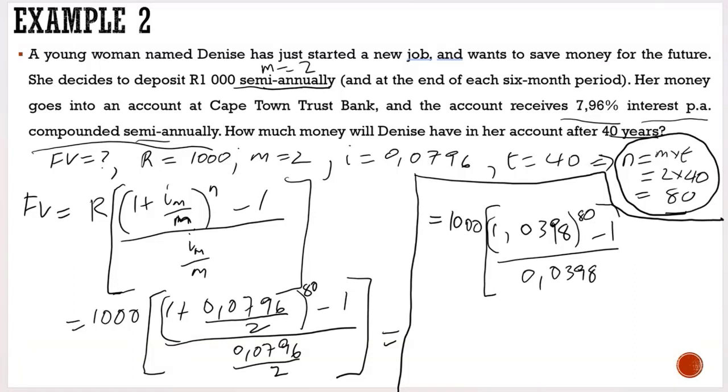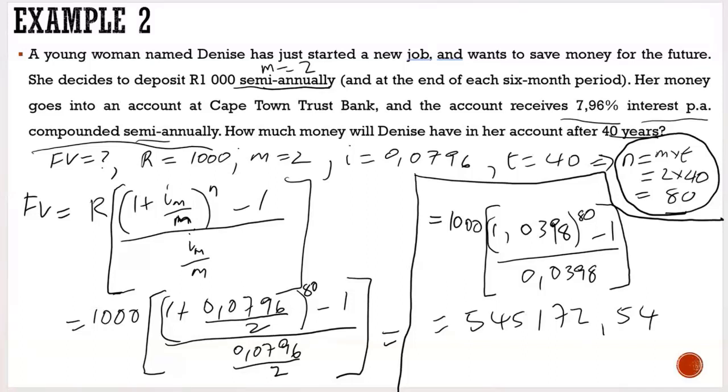I hope this is not too much data. Your calculators can easily handle this. It's 545,172.54. I think the scientific calculator, if you reduce it to this, can easily handle that data.